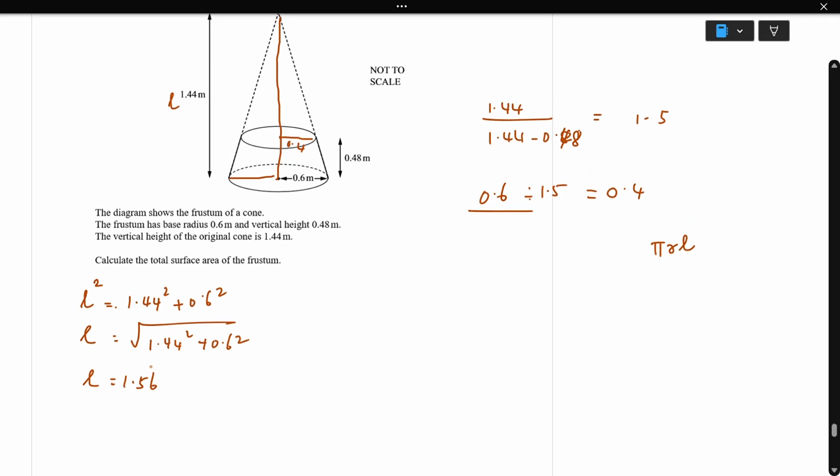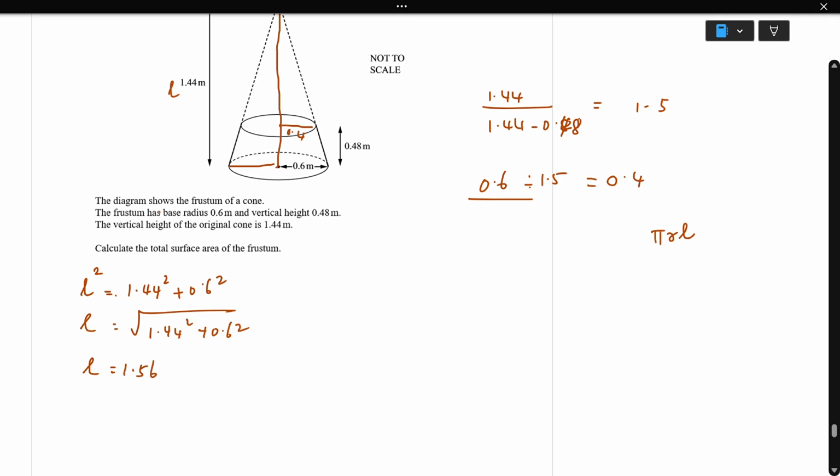The long one is 1.56. The removed part, I'll take as a small l. It is 1.56 divided by the scale factor, 1.5, which equals 1.04. So 1.04 is going to be the small l.